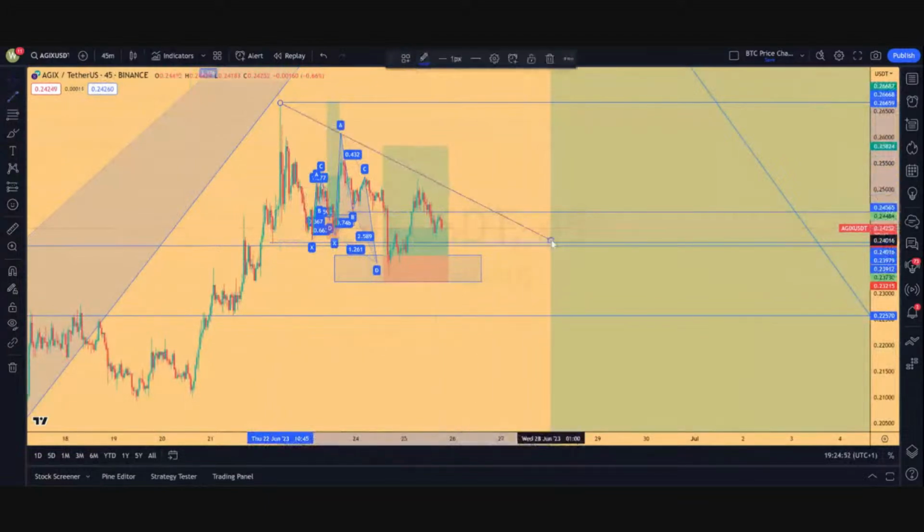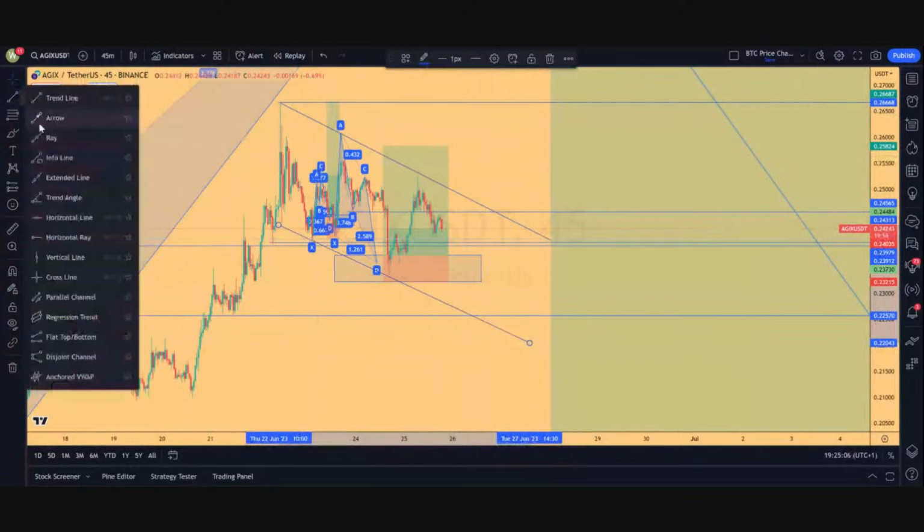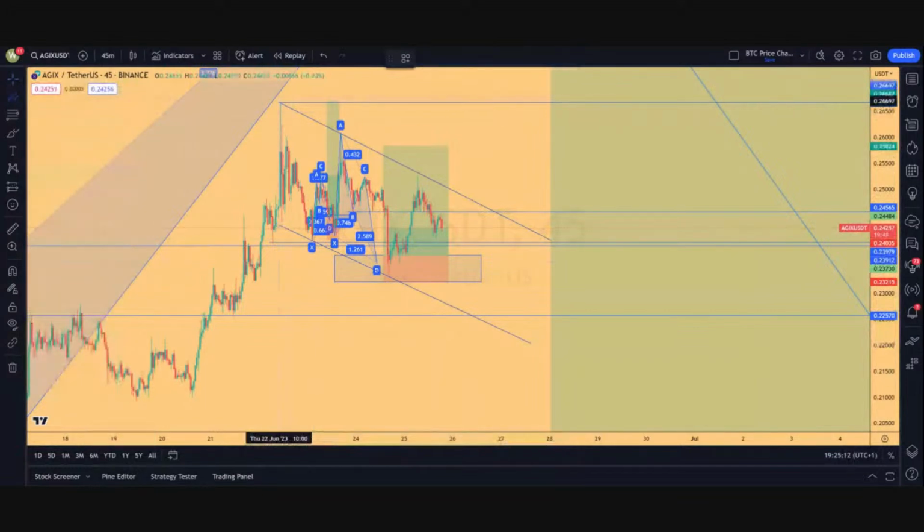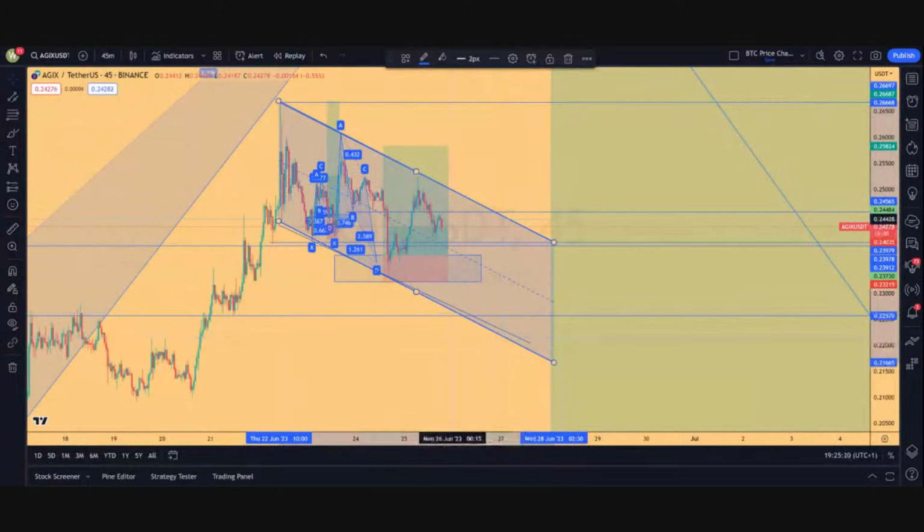This is looking like a very funny channel system that is coming downwards and could go down and go up.